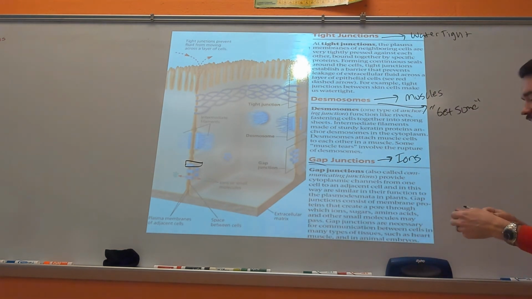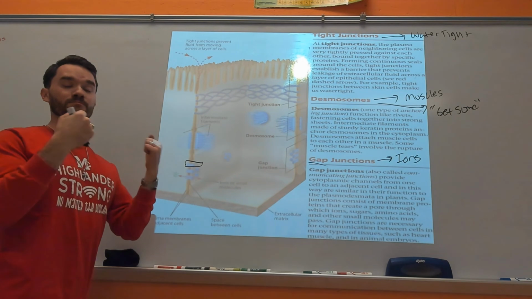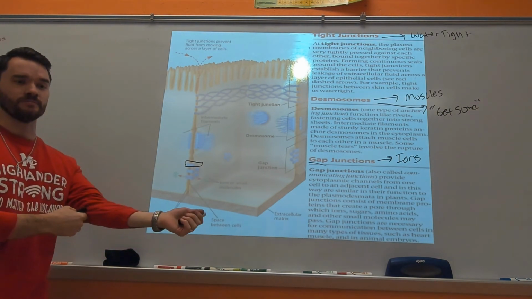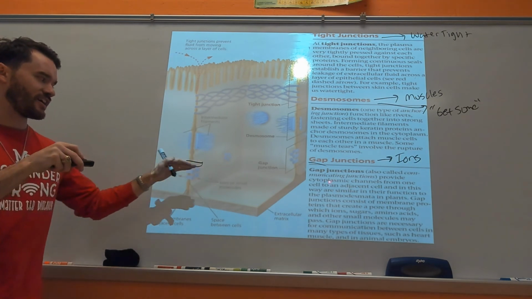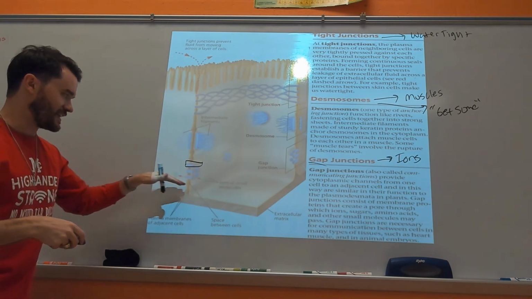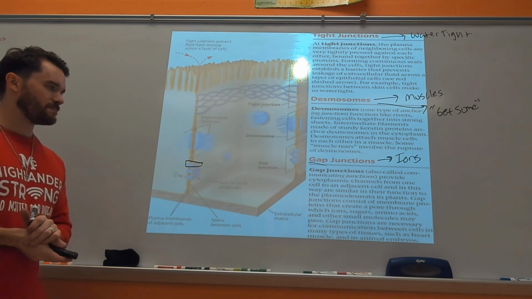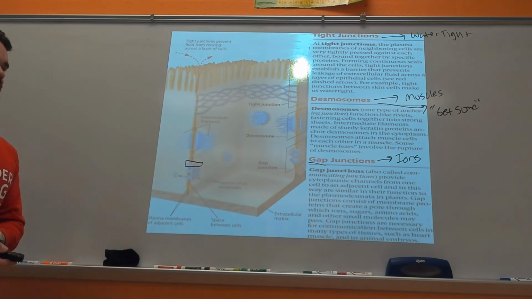So really focusing on ions. Gap junctions can be really helpful in muscle contractions, where I mentioned how calcium is really important. You could have gap junctions that communicate those calcium ions between that entire muscle fiber. Heart muscle can also have a lot of gap junctions. Any sort of muscle.